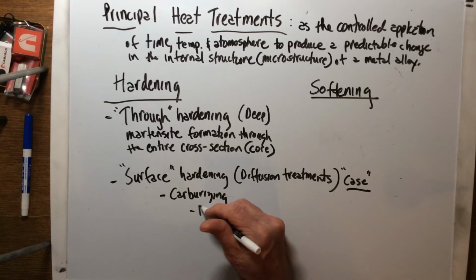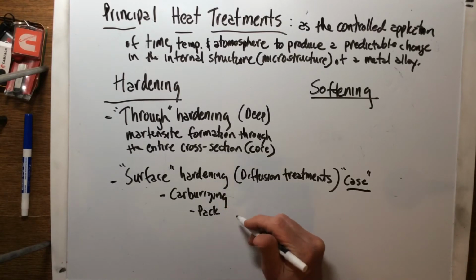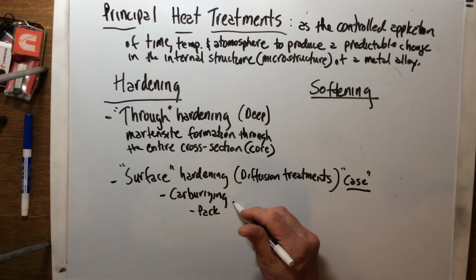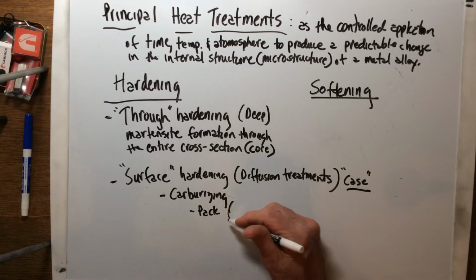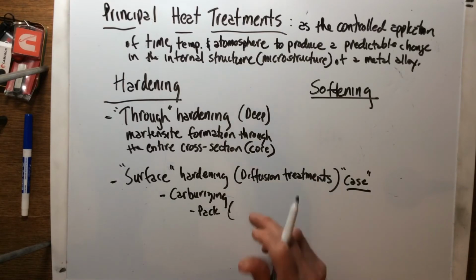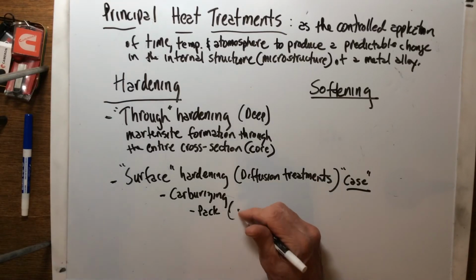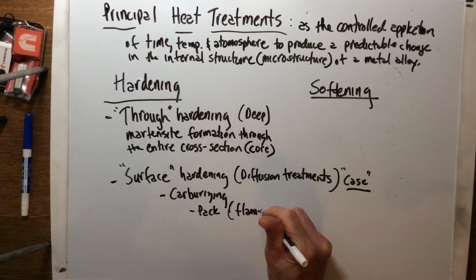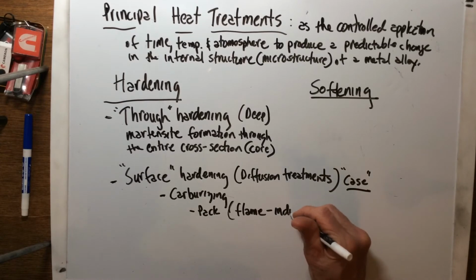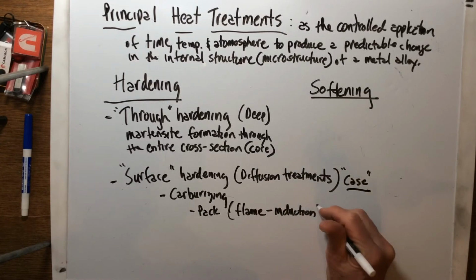You can do it through what we call a pack or dry hardening. Carburizing, and there's two ways to bring that temperature up, because all hardening processes, as we've talked about, start at the austenitic temperature range. So you can do that with either a flame, or you can do it electrically through what we call induction heating.